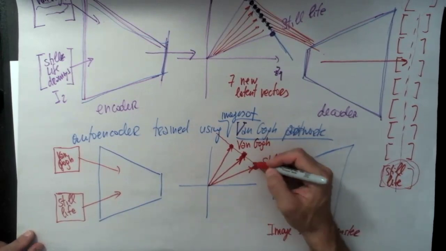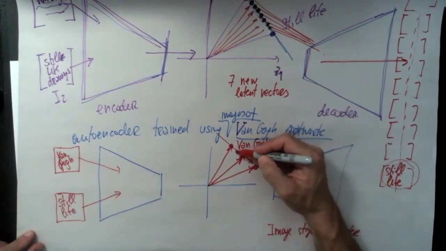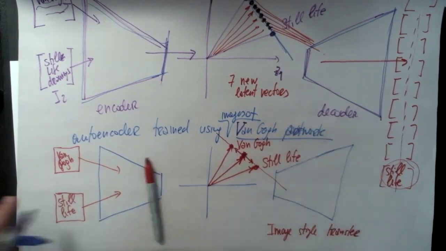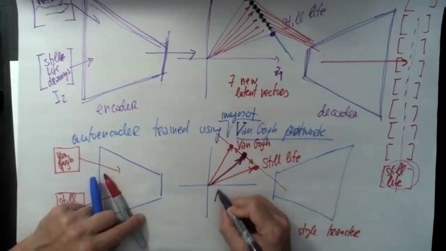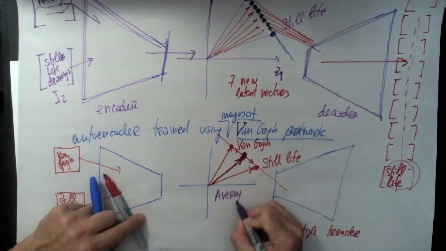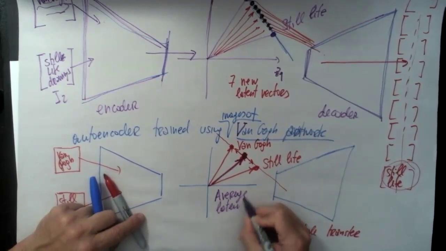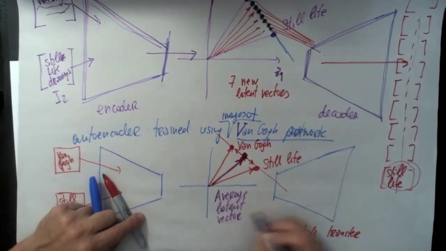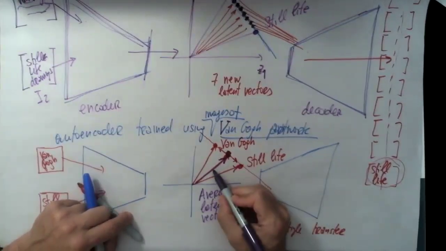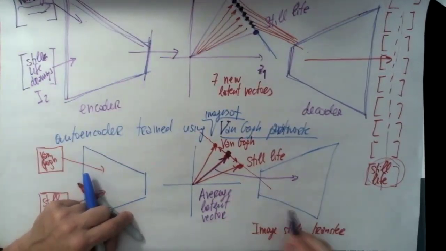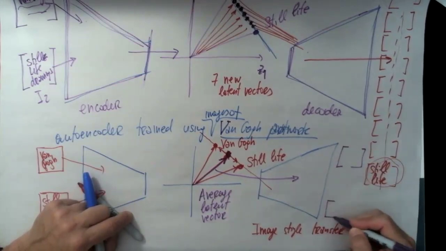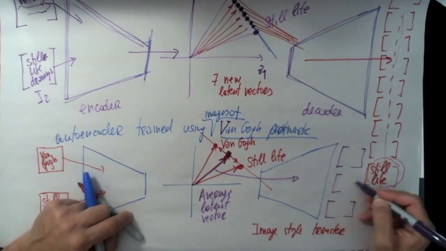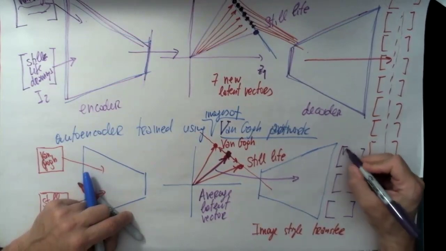But this average can be biased. We can even do it a little bit close to the still life or close to Van Gogh. So we can generate an average latent vector, which we then pass through the decoder. And it will return this. This is basically Van Gogh.